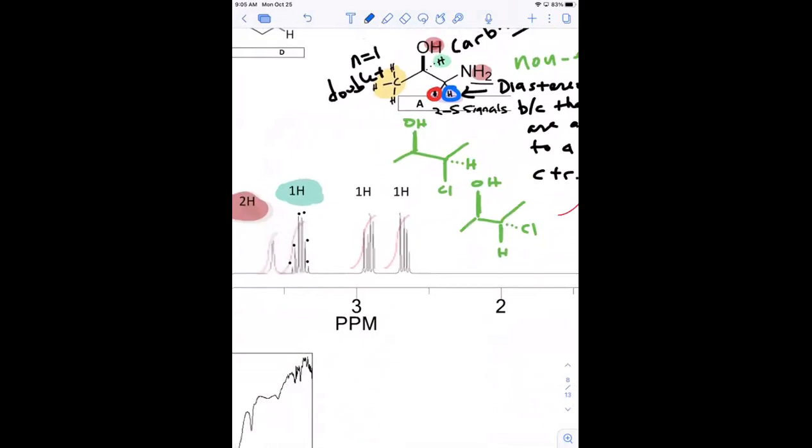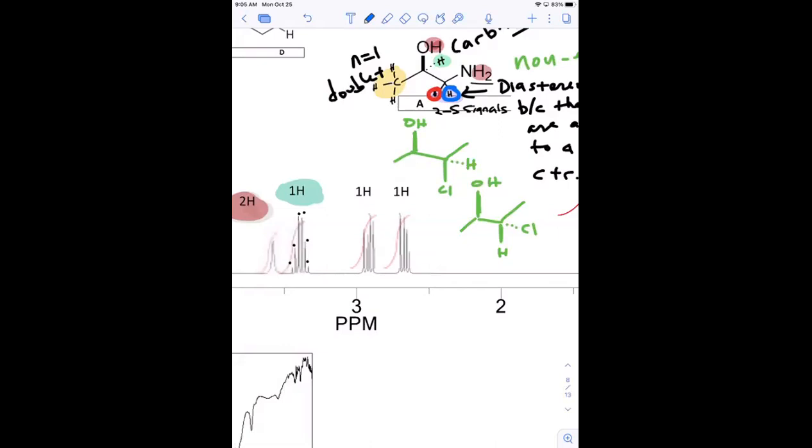All right. And so depending on which one is wedged and which one is dashed, that's going to determine which signal is further downfield or upfield, because the wedge will be closer to oxygen than the one that's on the dash.